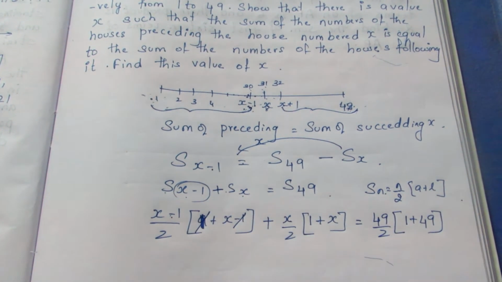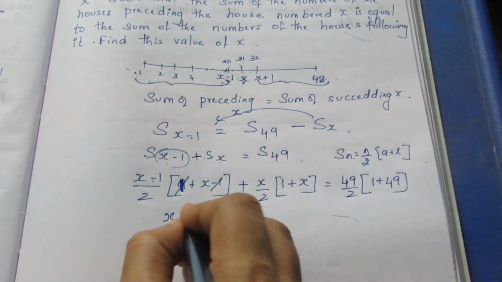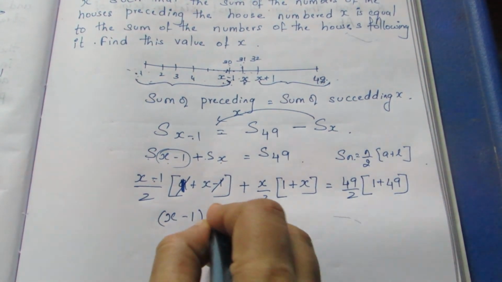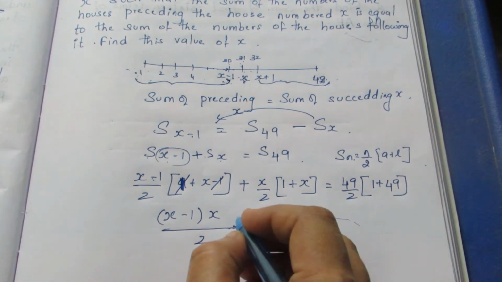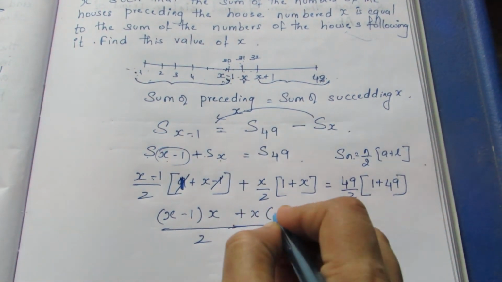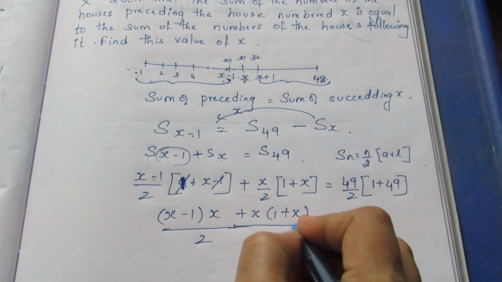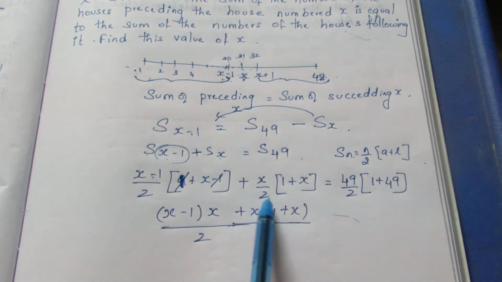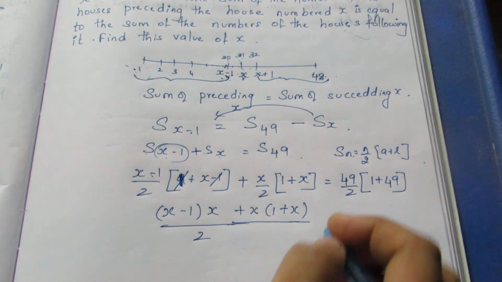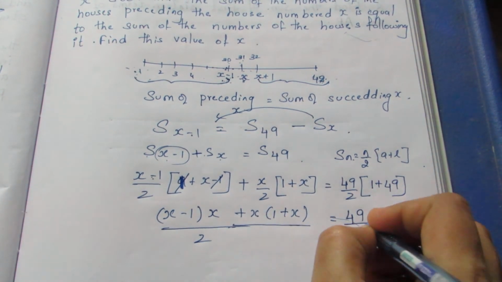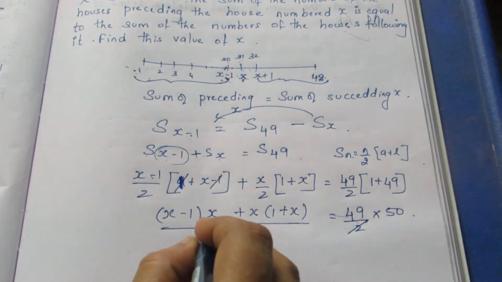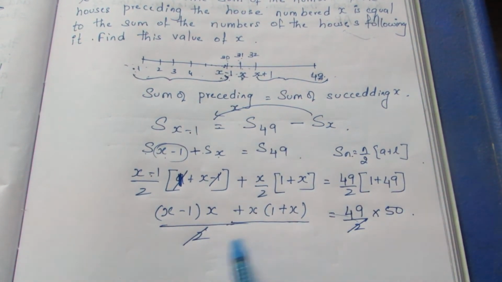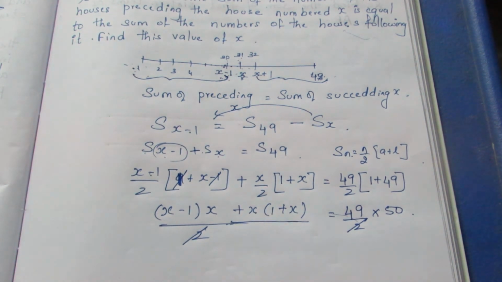Plus 1 and minus 1 get cancelled. Here x minus 1 into x by 2, and I'm just writing it with the common denominator: x into 1 plus x. It becomes 49 by 2 into 50. The 2 gets cancelled because the denominator is the same.